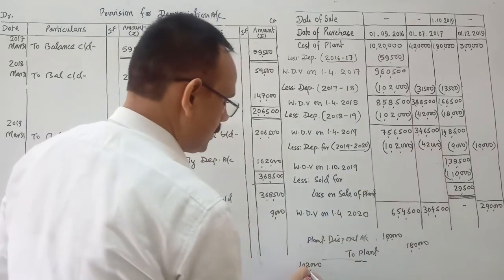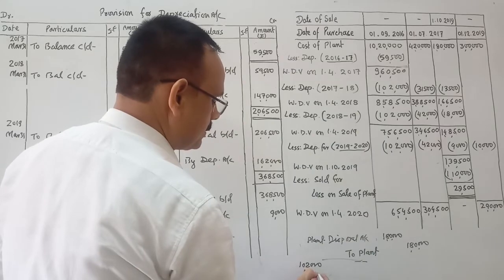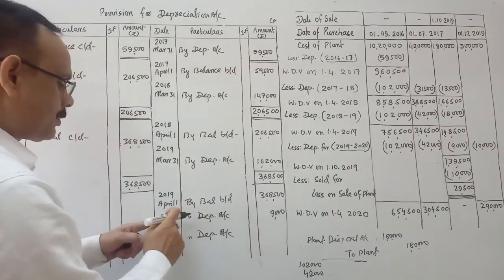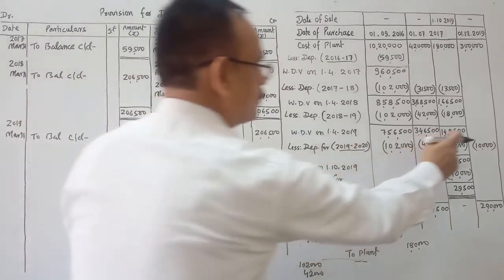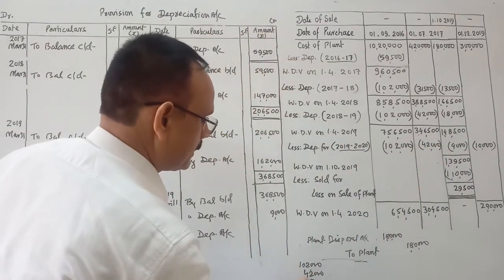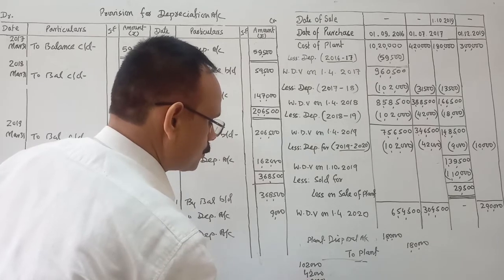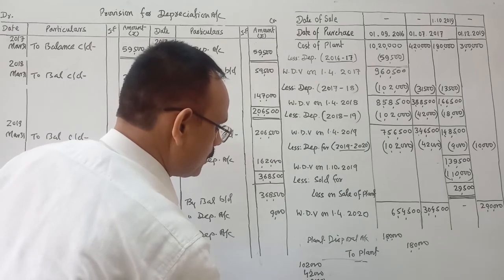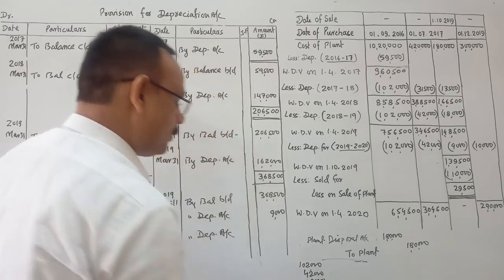Next is 42,000 depreciation. Third, we have written 9,000 depreciation on October 1st. Fourth one is 10,000. So total depreciation is 1,54,000.